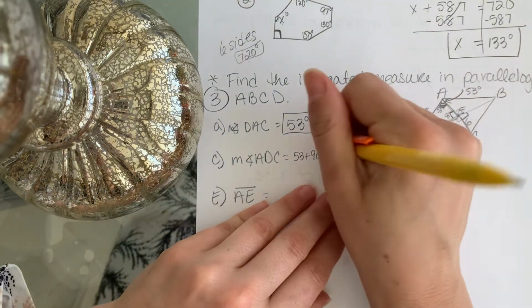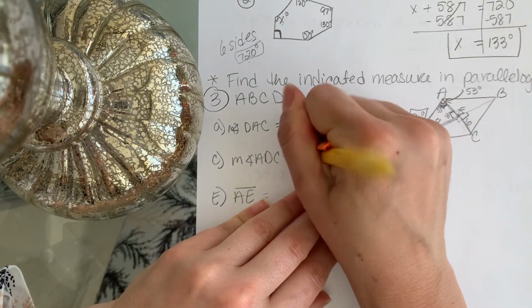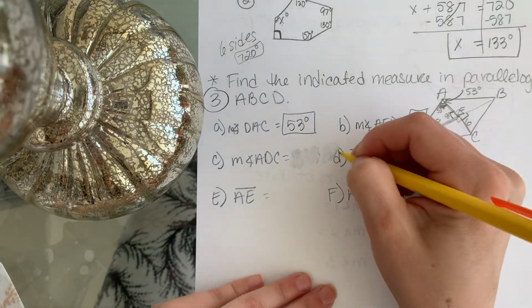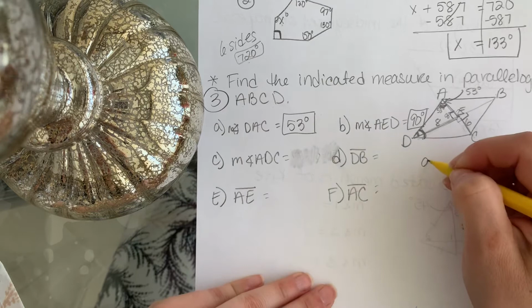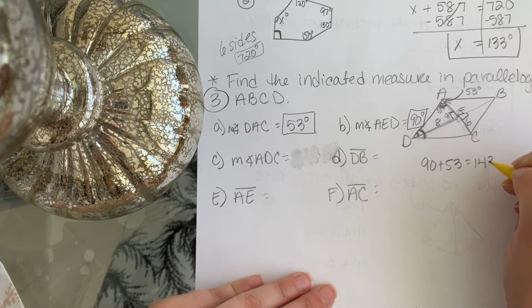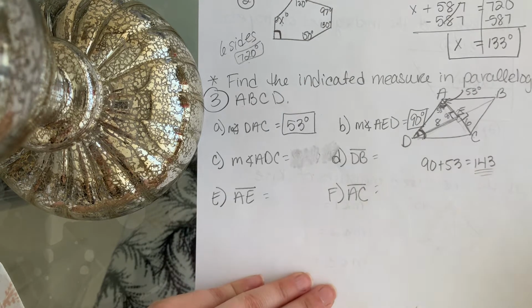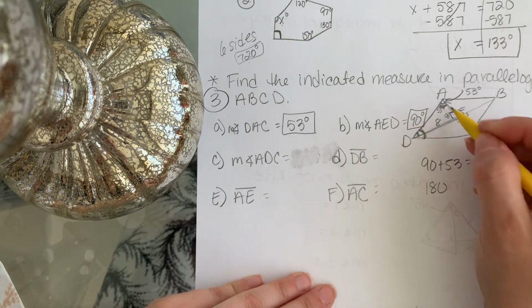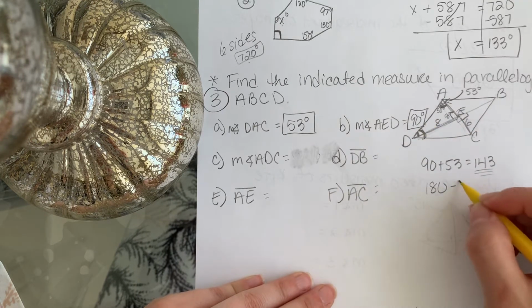Okay, so we have this 143. I should probably write this over here so we have more room. So we have 90 plus 53, which equals 143. Okay, so we need to use this and subtract it from 180 because the sum of every triangle is 180.